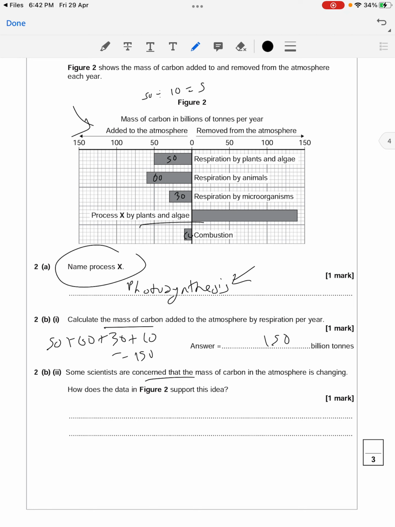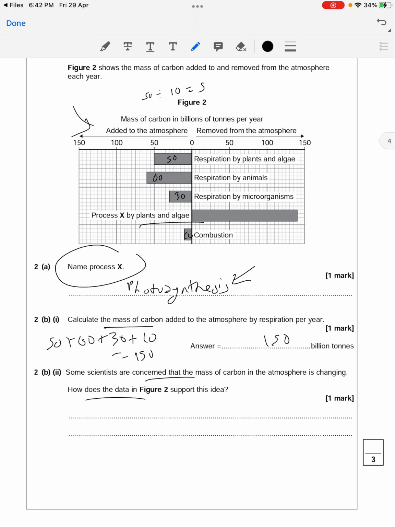So now, scientists are concerned that the mass of carbon in the atmosphere is changing. How does the data in figure 2 support this? We have to analyze the portion where the carbon is added as well as removed, by finding out the difference.